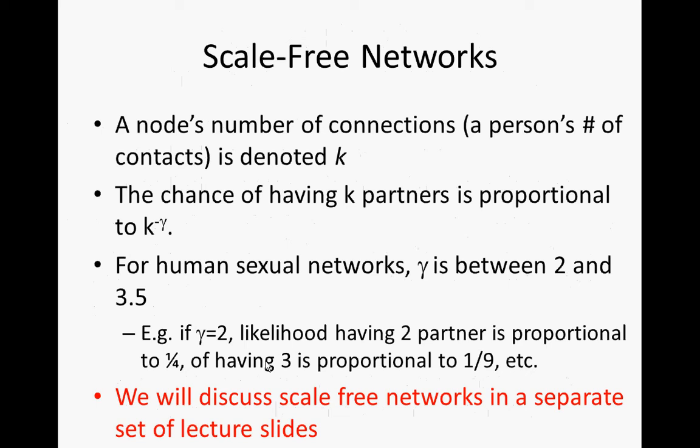Now, this may look mysterious, but we'll talk about the meaning of gamma in a second. For human sexual networks, for example, gamma is between 2 and 3.5. Let's talk about what that means. If gamma is 2, it means if you count the number of people with exactly K connections, that number will be 4 times, that's 2 to the 2, times as many as those with 2K connections.